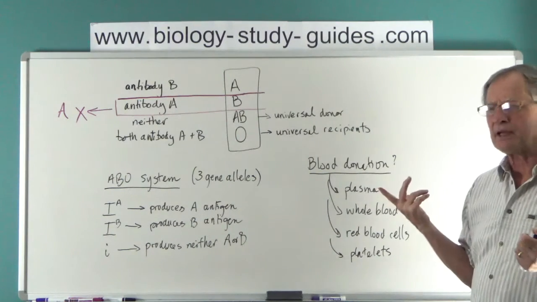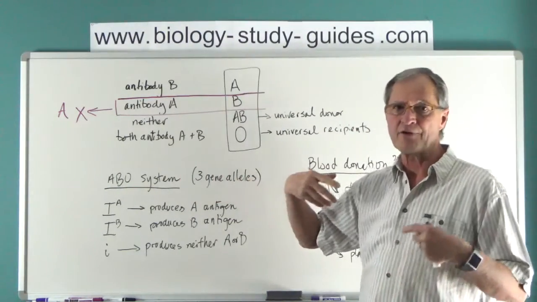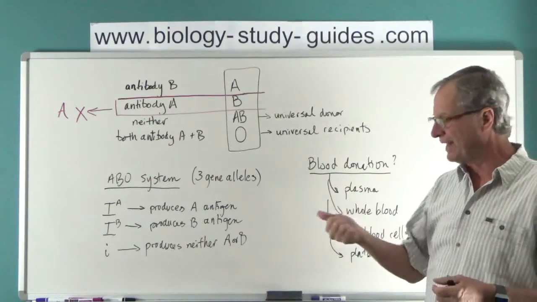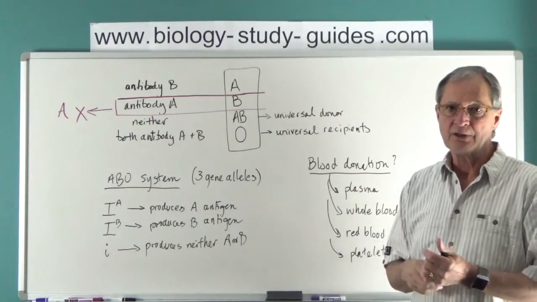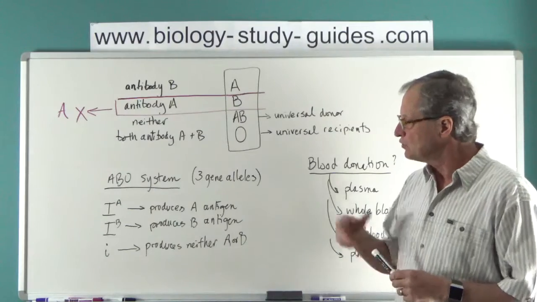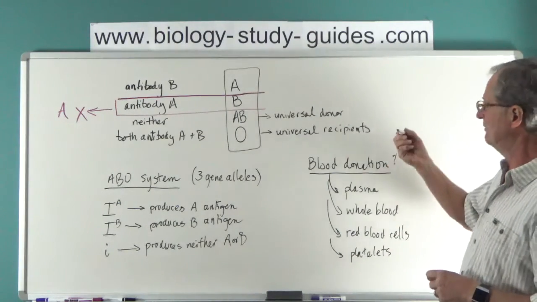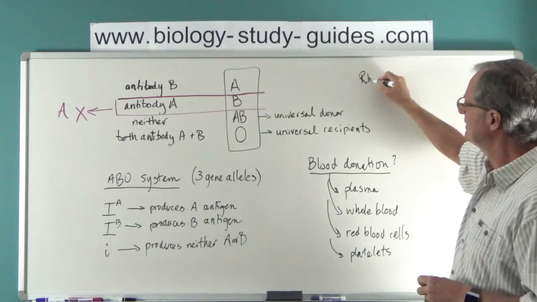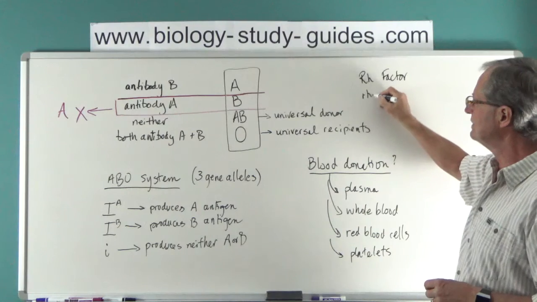Before we leave the topic, I just want to mention that this ABO system is only one of over 30 systems. There's an MNO system, there's a K factor, there's a Duffy system. There's one other component to this system too, and that's an RH factor. The RH comes from the rhesus monkey.